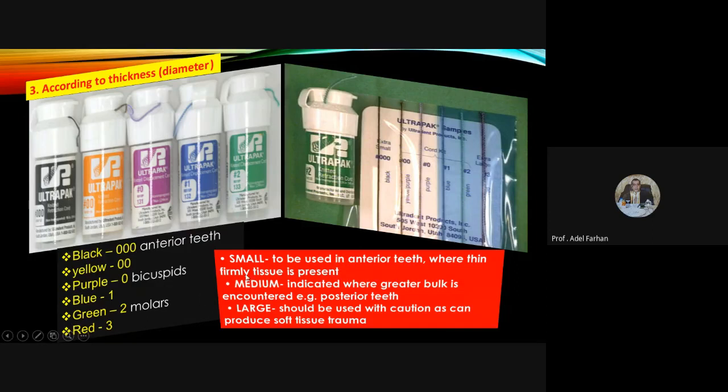Okay, sometimes they divide it into 3 groups according to diameter: small, medium, and large. The small is used for the anterior when we have thin tissue present, and medium is indicated with the greater bulk for the posterior, and large should be used with caution. طبعا لما يكون large وتستعمله والجنجفة الويدث مالته صغير, you might traumatize the gum.